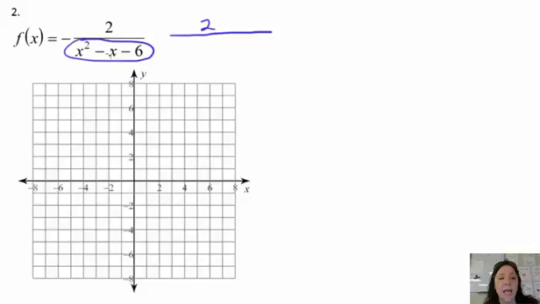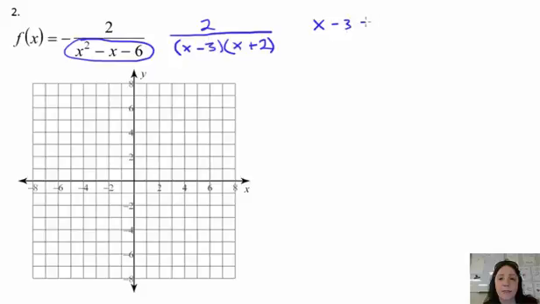Since I need two things that add to -1 and multiply to -6, I'm going to factor this as x minus 3, x plus 2. Now I can set each of these equal to 0 because if either one is equal to 0, then I will have division by 0 because 0 times anything is 0.